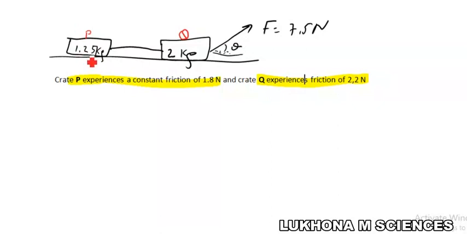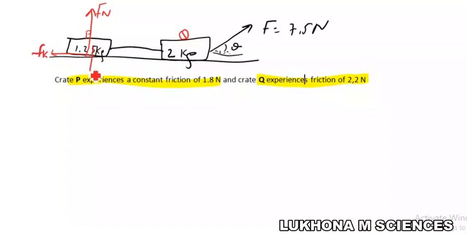The first thing you need to do when you draw the free body diagram is to draw the force diagram. We have the normal force, the perpendicular force that is exerted by the surface on an object in contact with it. We have the frictional force here, that is Fk.